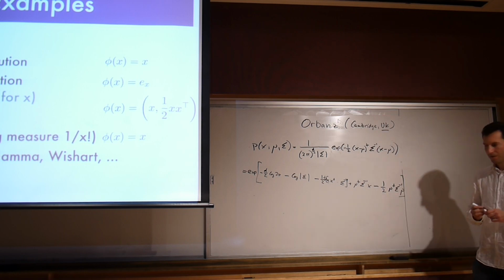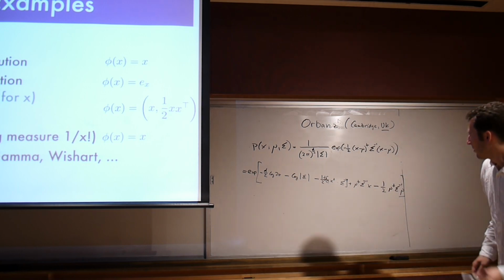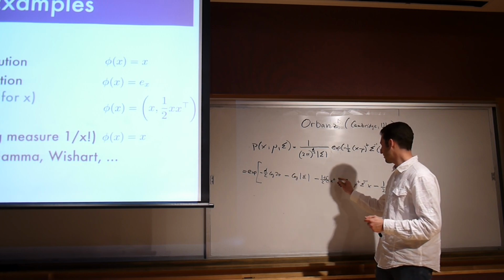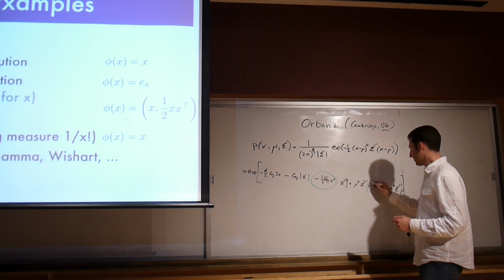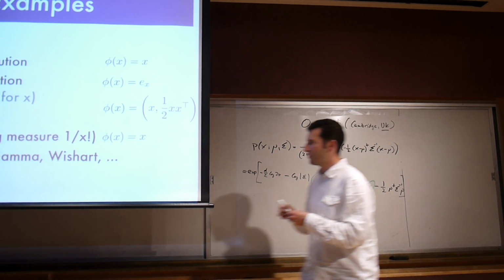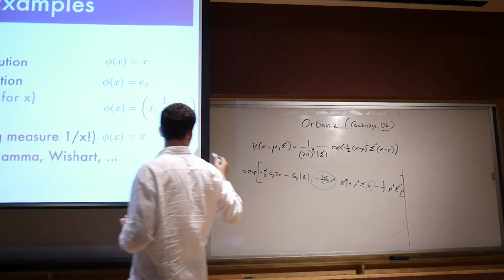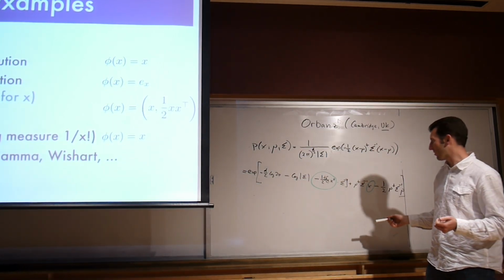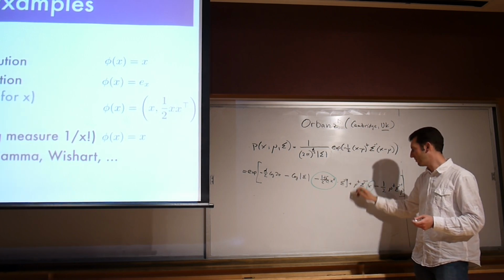Okay. Now this is basically all we need. Because we have our sufficient statistics, minus 1/2 xx transpose and x. That's exactly our phi of x. And then you can go and express the entire rest here in terms of these new parameters, which I'm just going to call maybe theta2 and theta1.